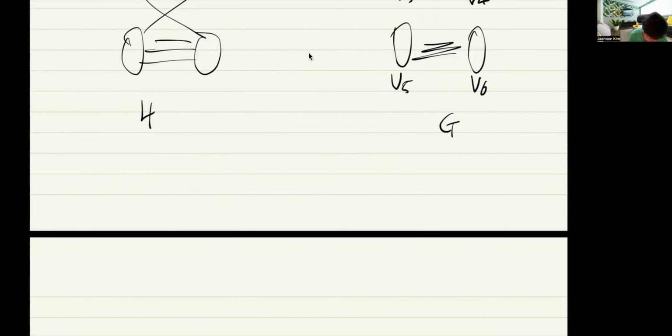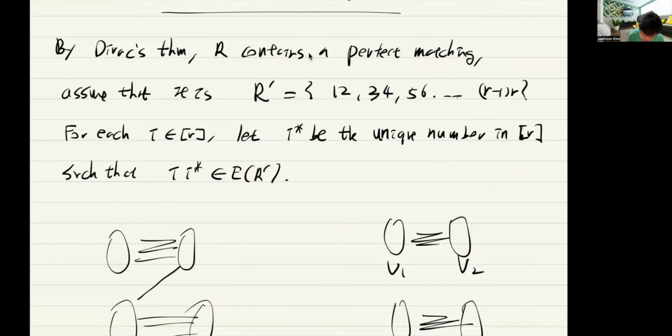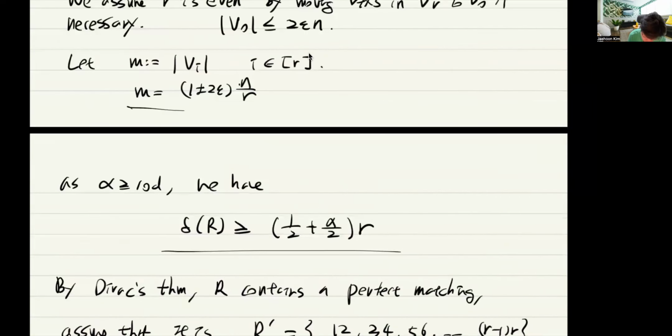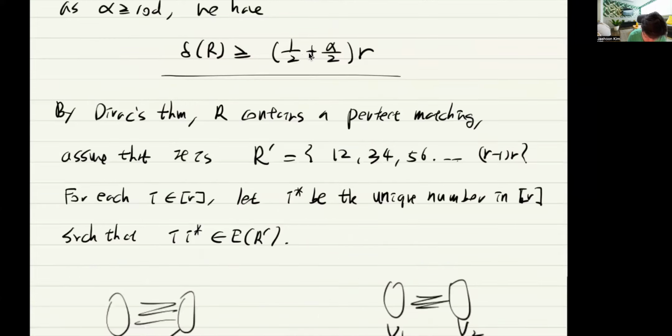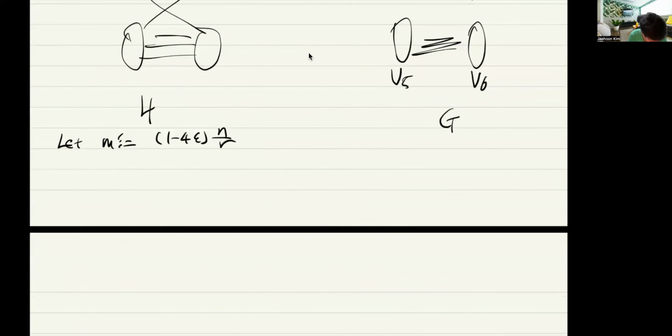How? So let m prime be some number which is smaller than the size of its P_i, but not much smaller.